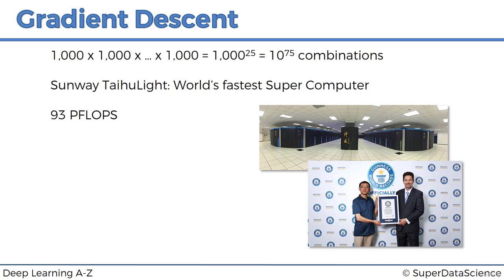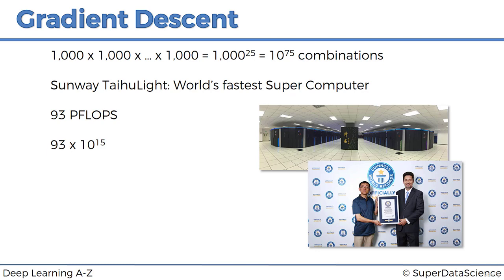FLOPS stands for floating point operations per second, so it can do 93 times 10 to the power of 15 floating point operations per second. That's how quick it is. In comparison, average computers right now do just over several gigaflops, way less than Sunway TaihuLight.